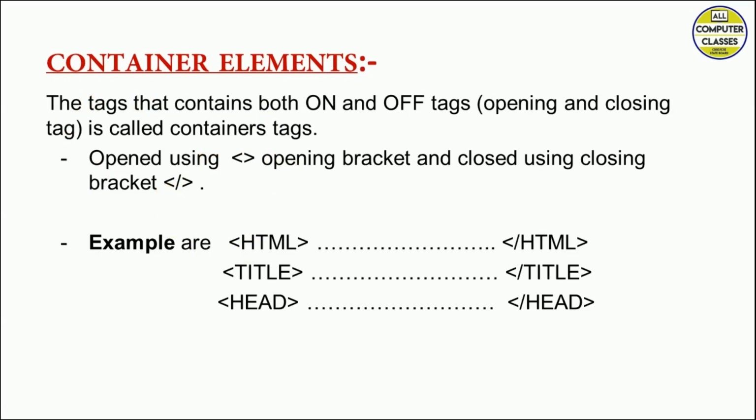For example, all web pages are made using container elements: the HTML starting tag and close tag, the title starting tag and closing tag, the head starting tag and close tag. This pair of tags contains some text in it, so it is called a container. It contains something, with a starting and closing tag.